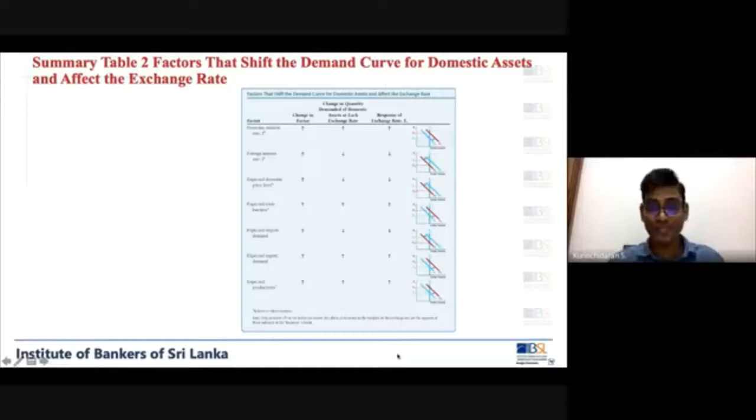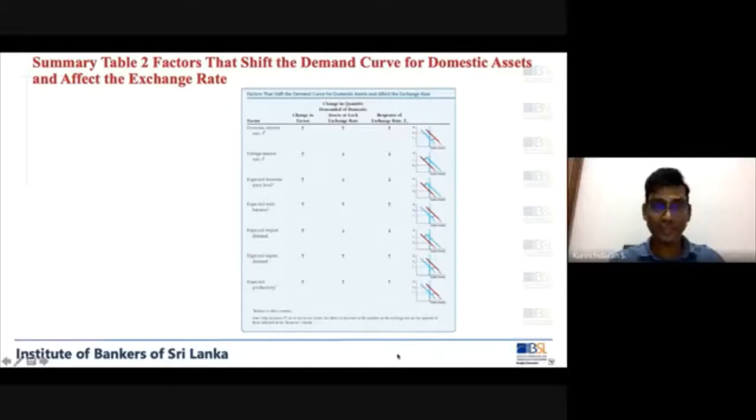That means it appreciates, so the exchange rate increases. You can see in the graph the demand curve moves from D1 to D2 outwards, and because of that the exchange rate moves from E1 to E2, to a new equilibrium.